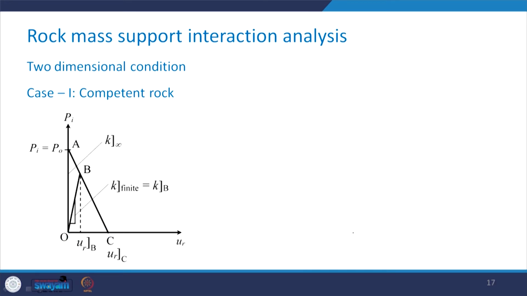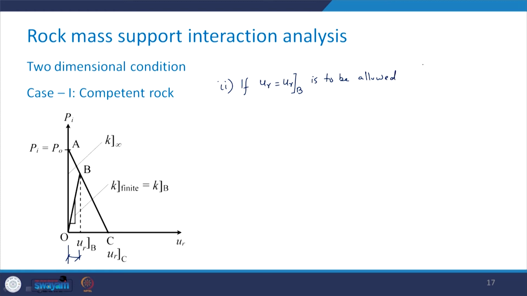Now come to the second case, that if I can allow that, okay, the tunnel can experience some radial deformation. That means this much from here to here has been permitted, is to be allowed.